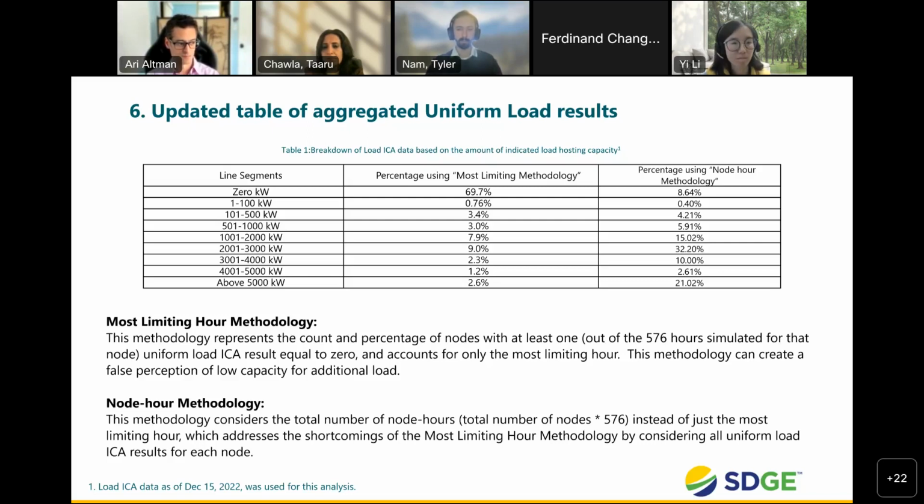PG&E, through a variety of data validation efforts, has dramatically shifted that and got the number of their nodes down to about 25% that show 0 kilowatts of capacity. I want to understand if that's reflective of a difference in SDG&E's and PG&E's systems, or if that's a fundamental difference that needs to be explored.